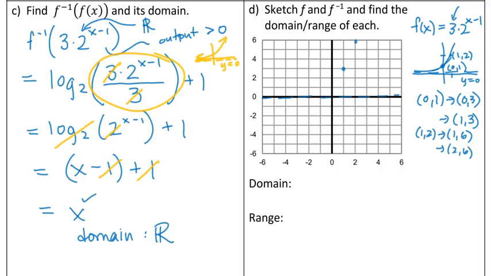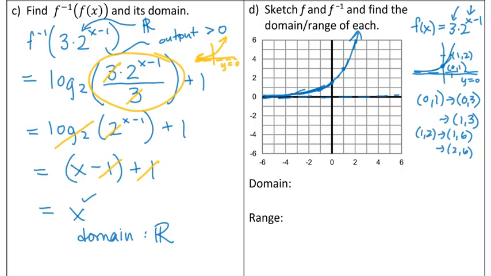So that's my graph, and just because I'm interested, I'm going to plug 0 in here. If I plug in 0, I get 3 times 2 to the negative 1, which is 3 times 1 half. So it crosses at 3 halves. You don't have to have that right, but it always bugs me if my y-intercept is weird, so I double checked it. So that is a pretty decent rough sketch of my exponential function.